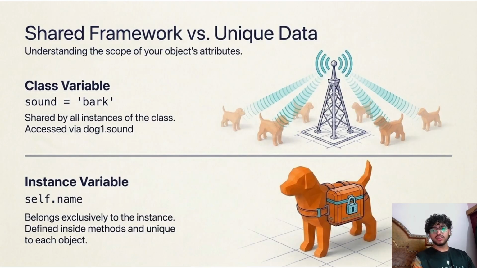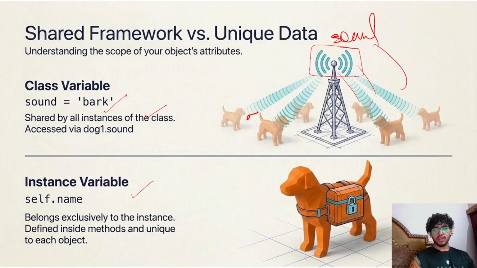Now, class variable and instance variable. So a class variable will only work inside a class, and it will be the same for all the dogs. Okay. Suppose you want to enter a sound, it will be bark. Now it will act like a radio signal, you can say, and this sound will be the same for all the dogs because you have initialized it without the self keyword.